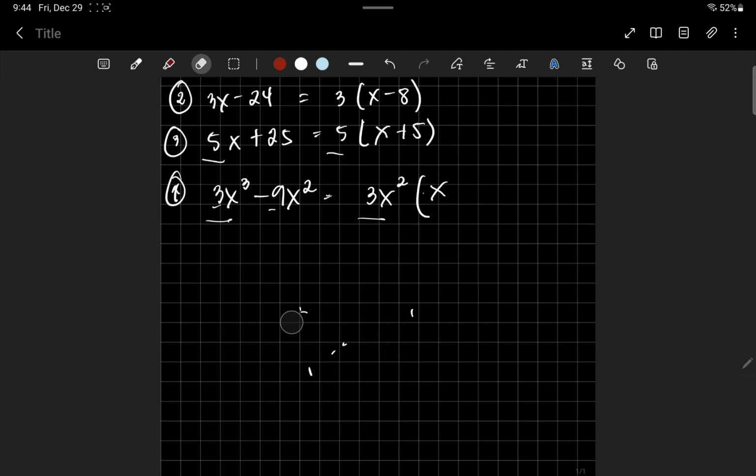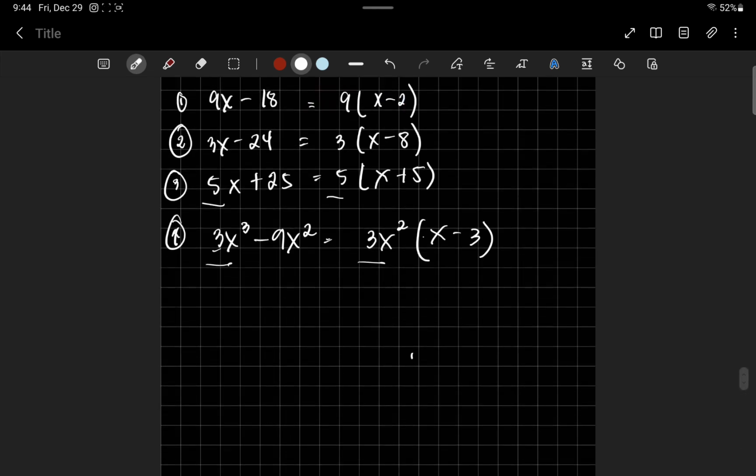So next, negative 9x squared divided by 3x squared, that is negative 3. Therefore, the factored form of 3x cubed minus 9x squared is 3x squared times x minus 3.